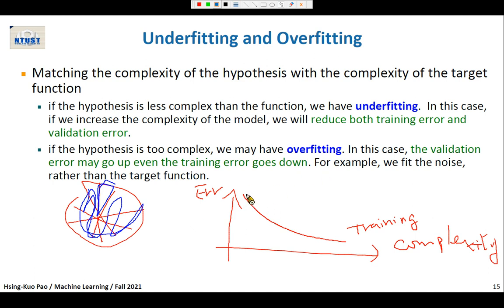The validation error sometimes goes down, then goes up after a certain point. So here is the test error, maybe validation. I think I can change to draw like this. Maybe after a whole semester, my skill will be better. Yeah, it's better. Validation error.